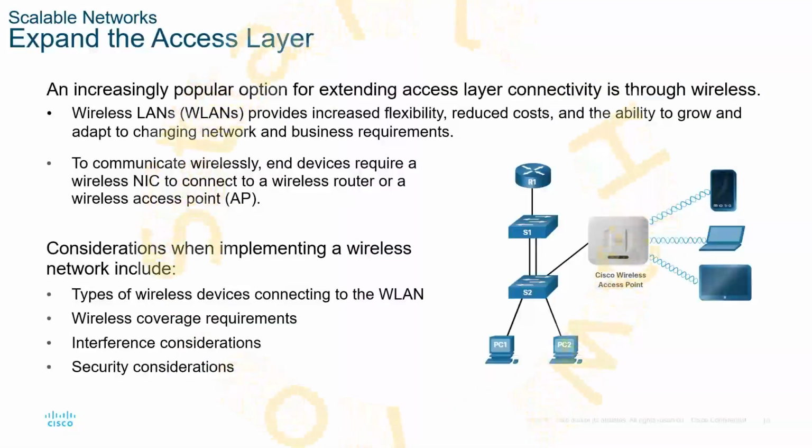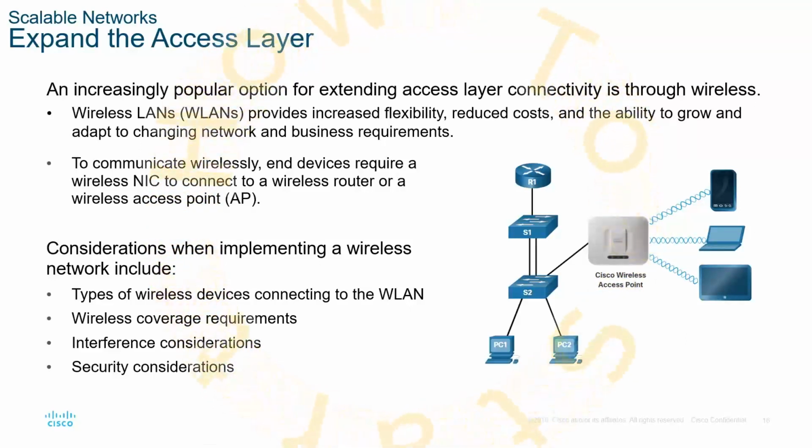We also have the ability to extend the layer 2 access layer, and that would be by connecting access points to the access switches. Realistically, I've always seen this done at the distribution layer, not the access layer, but the access point itself will help to extend the access layer to wireless devices.